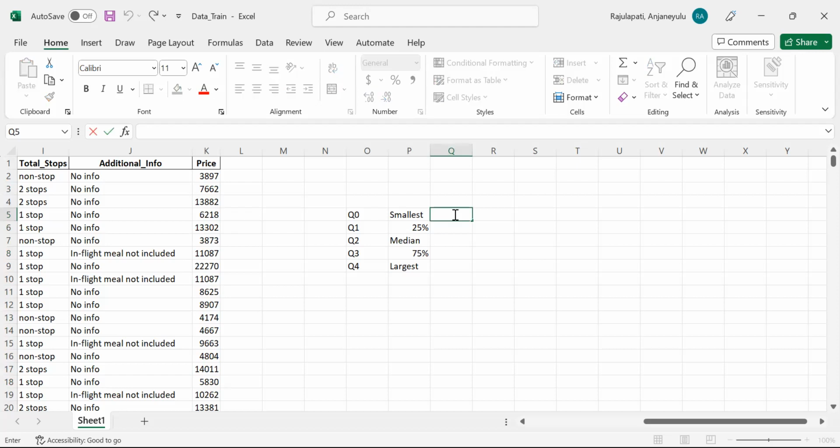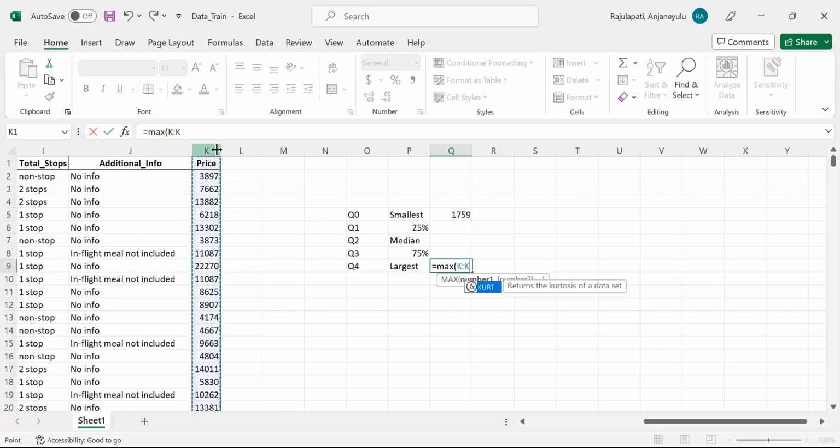For finding the smallest element, we can use the min function, right? So min of, and we just give the data and enter. So this is my smallest number. And what is your largest number? For finding the largest number, we can use the function max of.